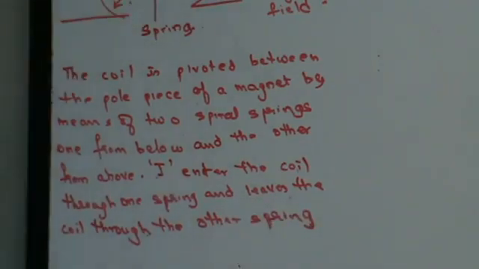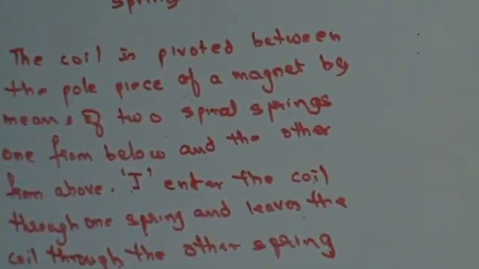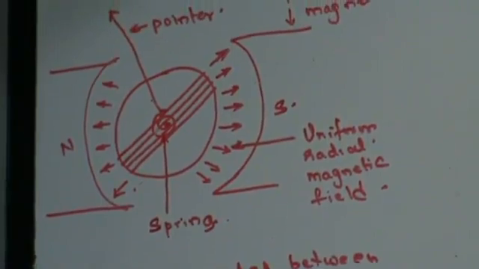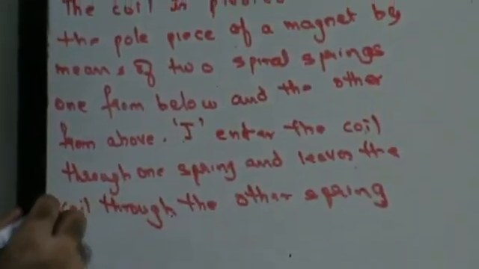So this is your spring. The coil is pivoted in the center with the help of the springs, right? Two springs are holding that coil there. The current is going to enter and leave the coil through the springs. The springs help to bring the coil back to its original position once the current stops to flow.